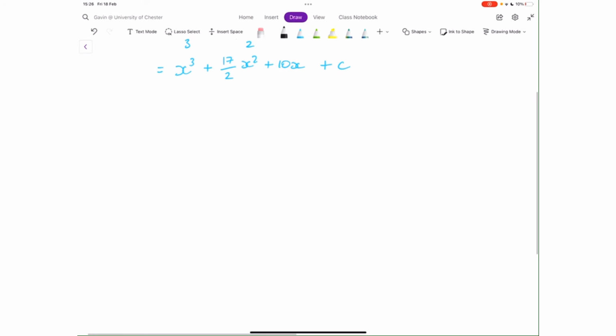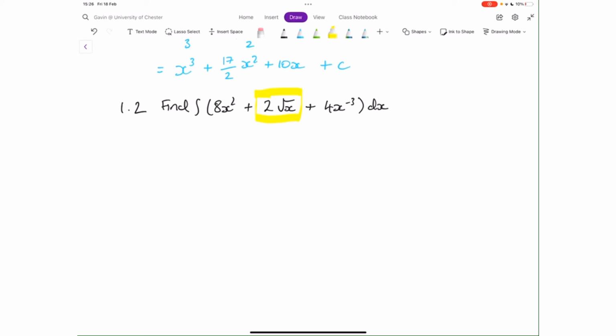Let's have a go at 1.2. So that's 8x squared plus 2 times the square root of x plus 4x to the minus 3. Remembering we've got to deal with this bit first.